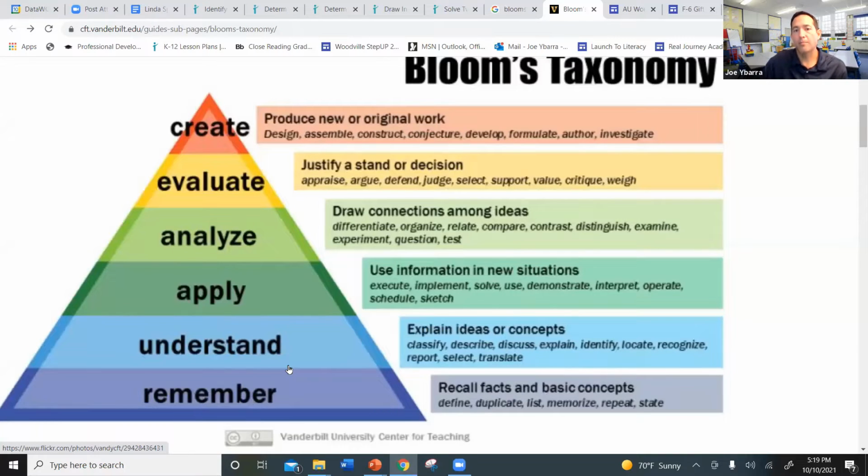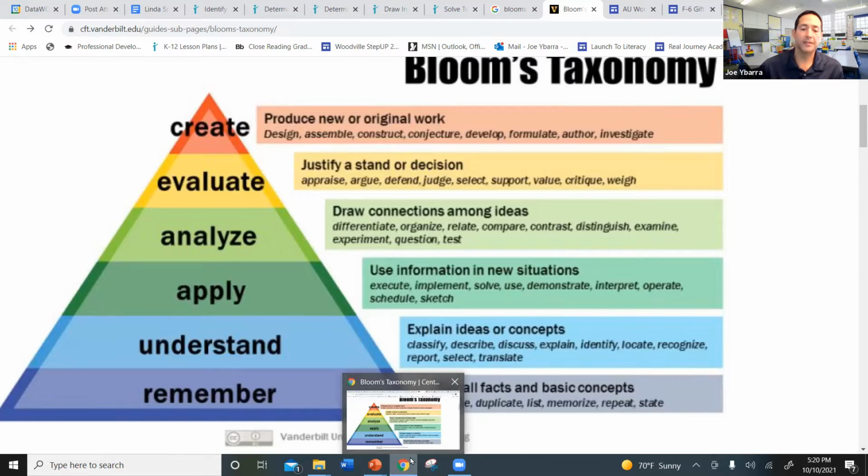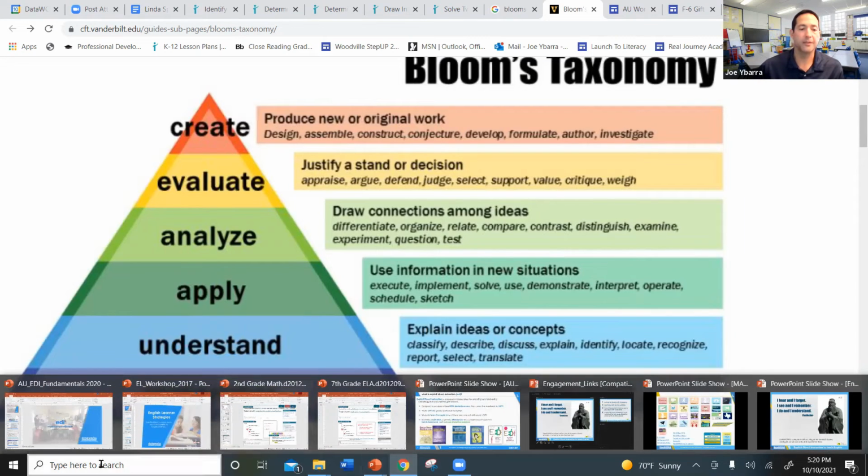Our premise of EDI is based on higher order questioning, because we understand that to get deep understanding of concepts for long-term memory, you have to really dig deeply into understanding a concept. So that's why we ask you to do that, and hopefully you'll see some of that. That's going to be the focus of our lesson and our workshop today, especially the second half of it.